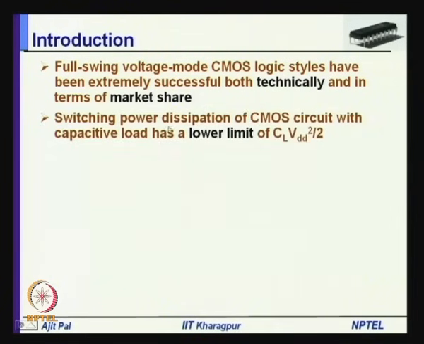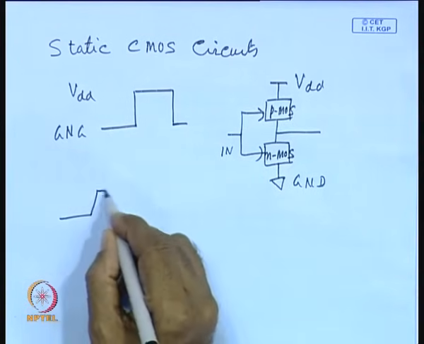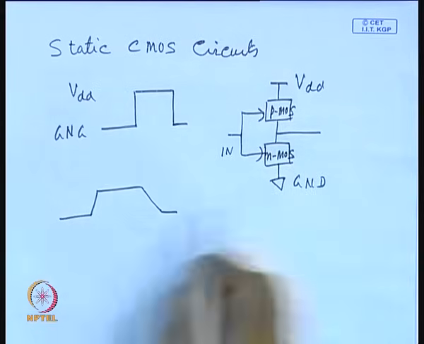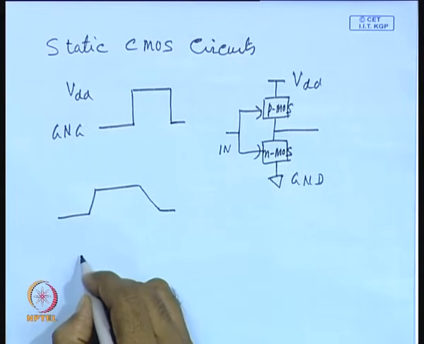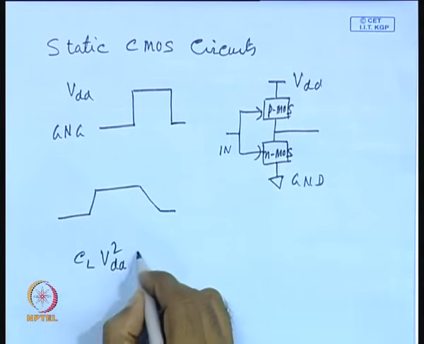But switching power dissipation of CMOS circuit with capacitive load has a lower limit of CL VDD square by 2. We have seen that whenever there is a switching, maybe from 0 to 1, there is a dissipation of CL VDD square by 2.